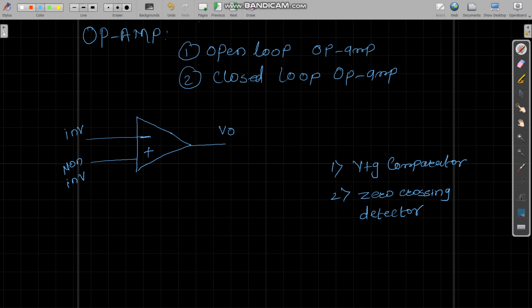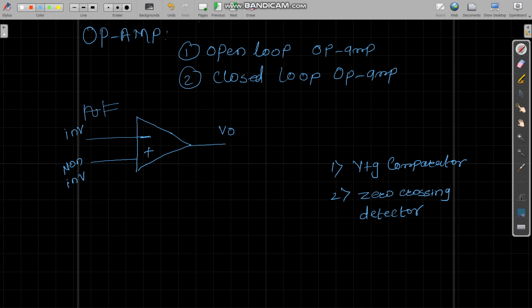Here, when you apply any AC signal or DC voltage to these inputs, it produces an output. Let us say we are applying an AC input or any DC voltage to the inverting terminal of the op amp; the output which it produces is out of phase.